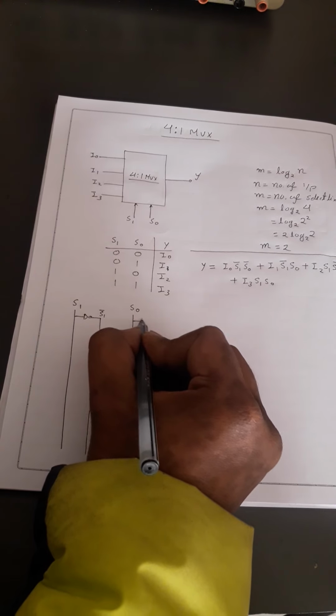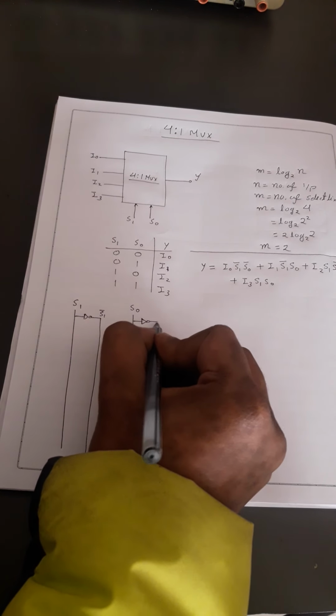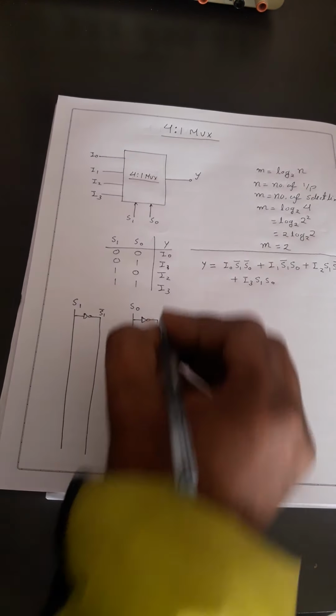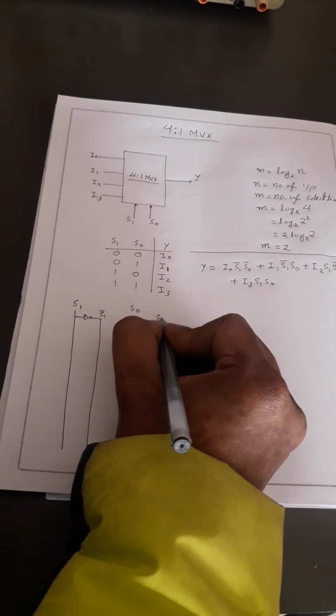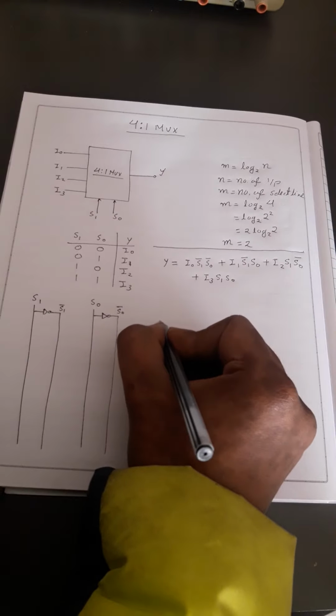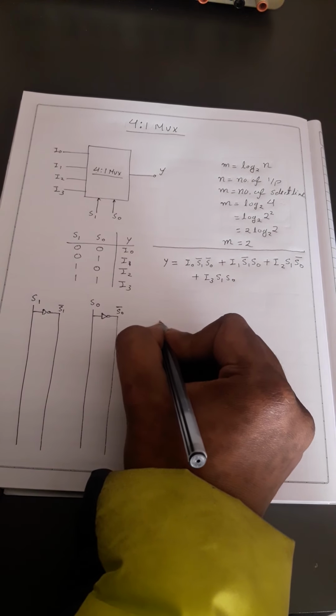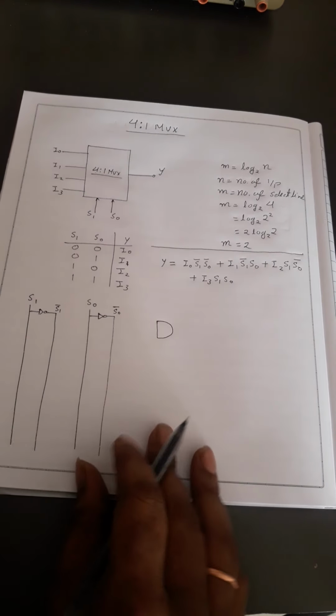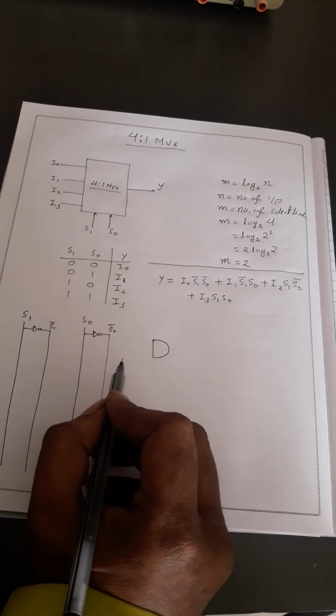Now again place a NOT gate over here so that we can get S0 bar. Now we have I0, I1, I2, I3. I will place them a little later, because it may be hazy if I place these terminals now.